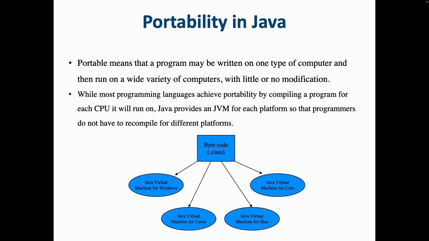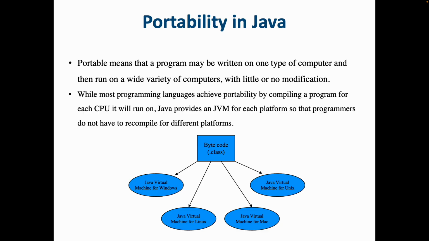So portable means, again, this architecture neutral part. I develop one application in Java, and then it can be used on other computers without any recompilation. This is the portability. So if I have a .class file, the only thing you need is a Java virtual machine for Linux, for Mac, and for Windows, whatever it is.